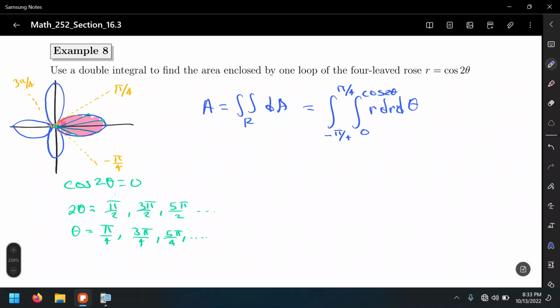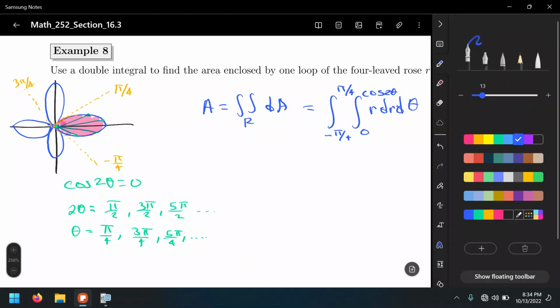Now, since we've done this before in Calculus 2, we got into a situation in which those two areas cancel out, because one area is above the x-axis and the other is below the x-axis. So it doesn't make sense to get an area equal to 0 when we are clearly seeing that there's an area there, right? To fix that issue, we redefine the outermost limits of integration, which is for the angle, taking advantage of the symmetry of this shape.